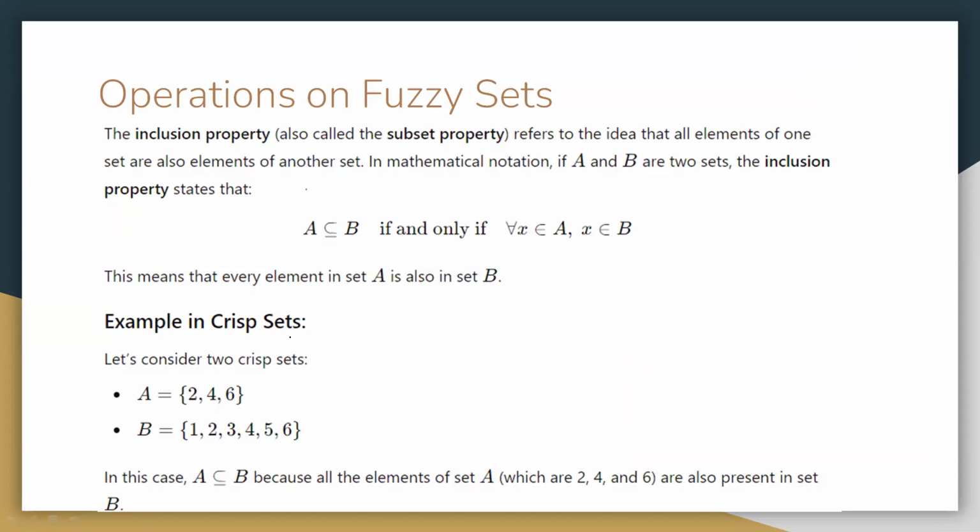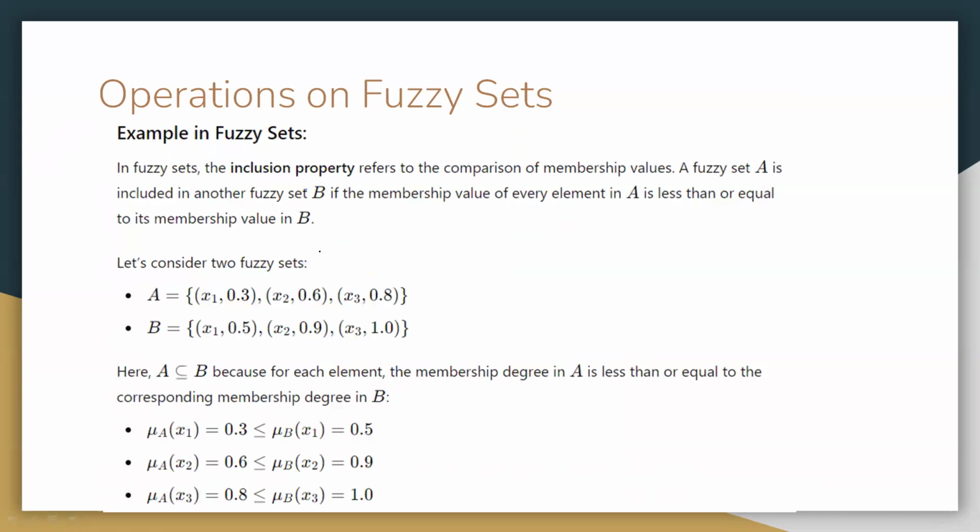As I said before, inclusion is the same thing as the containment property. In a crisp set, when A is 2, 4, 6 and it is entirely contained inside B, you can say A is a subset of B. But for a fuzzy set, say you have an example with x1, x2, x3 as the three elements. The elements are the same in A and B, but the membership values are different.